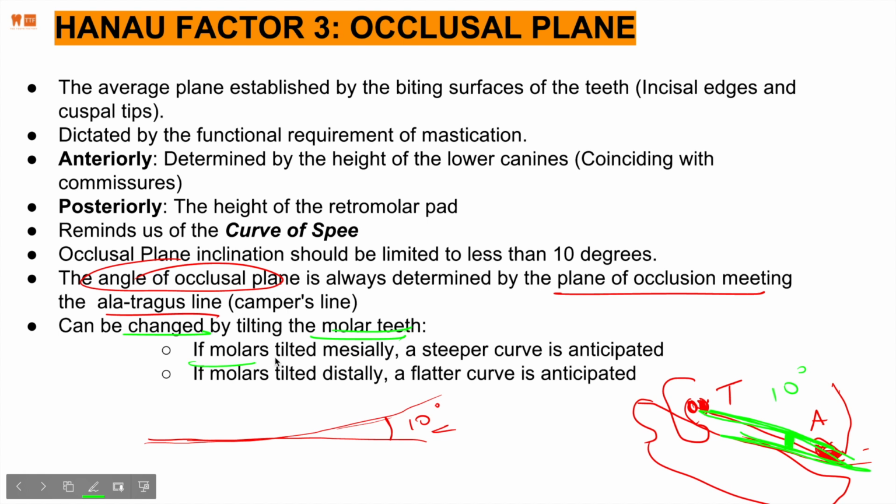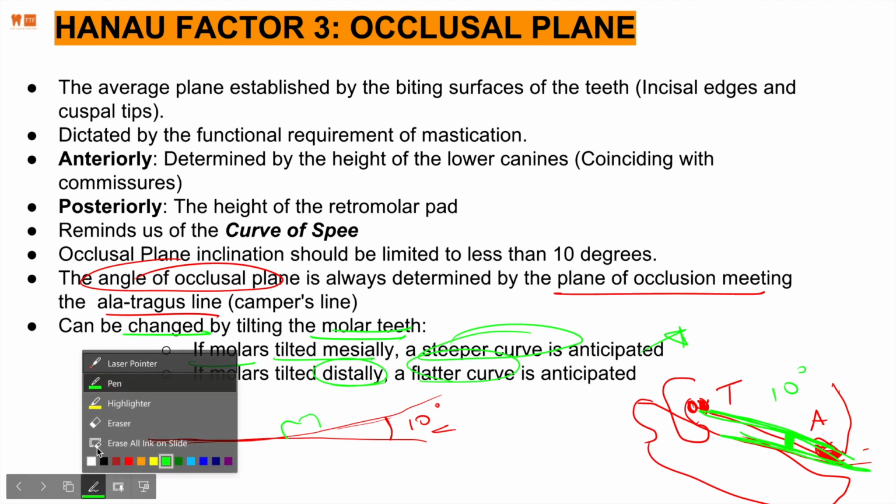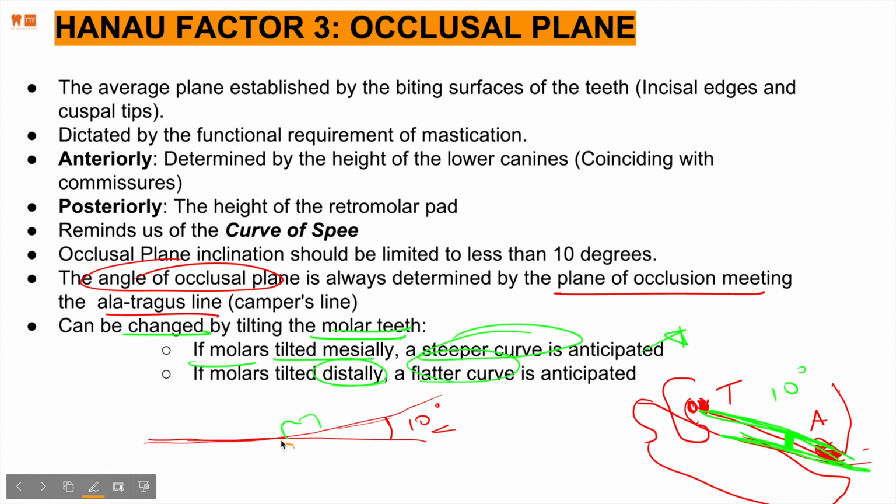If the molars are tilted mesially, then a steeper curve is anticipated. If the molars are turned distally, then a flatter curve is anticipated. What does that mean? Well, think about it. Right now, the molars are set like this. What if I were to change the molar and tilt them mesially?